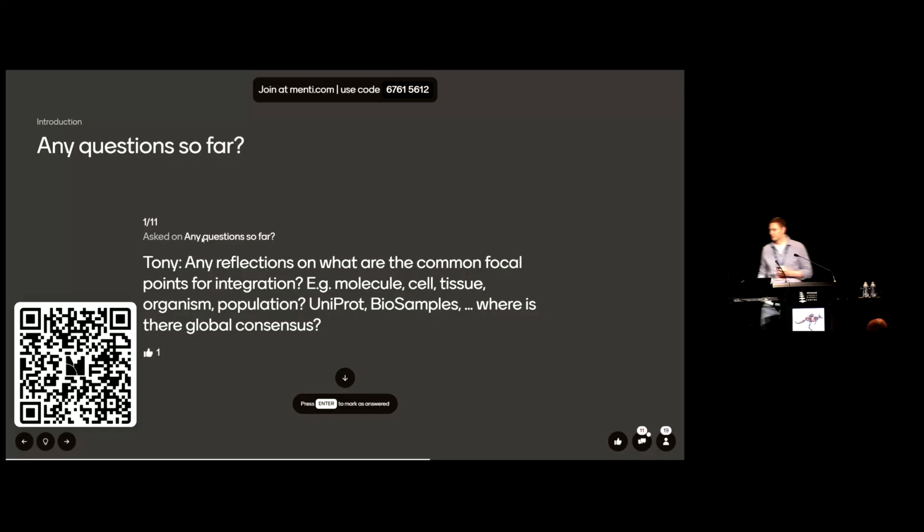Yeah, there is. I don't think there's a consensus around this, and I spent a number of years leading the biosamples database, and I've had this conversation very many times. I think ultimately it boils down to a trade-off about how deep you want to model.